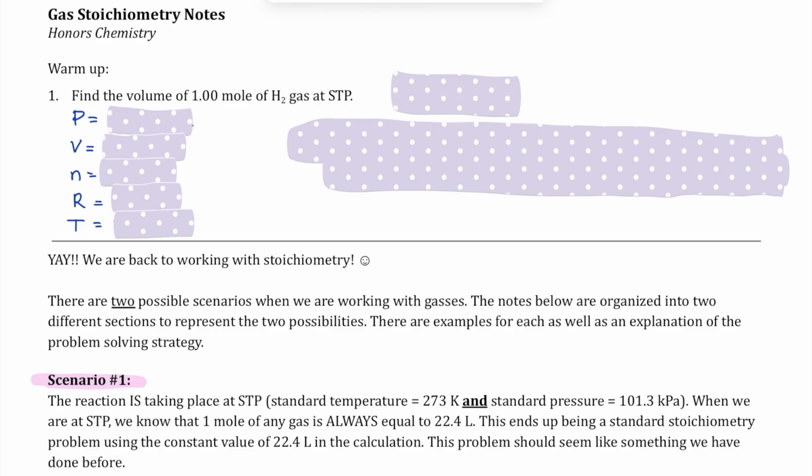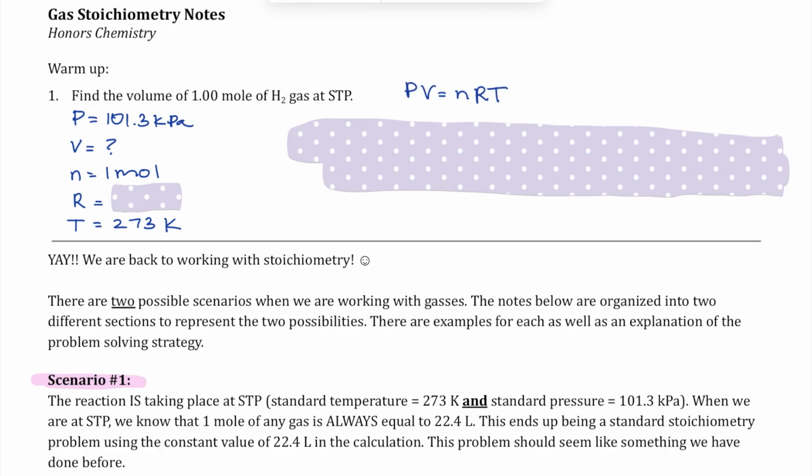As we go through this warm-up, find the volume. So we are looking for the volume of 1 mole of hydrogen gas. So n is 1 mole. At STP, well, standard temperature is 273 Kelvin, standard pressure is 101.3 kPa, and as we look at that ideal gas law, we still need R, but R is that gas constant.